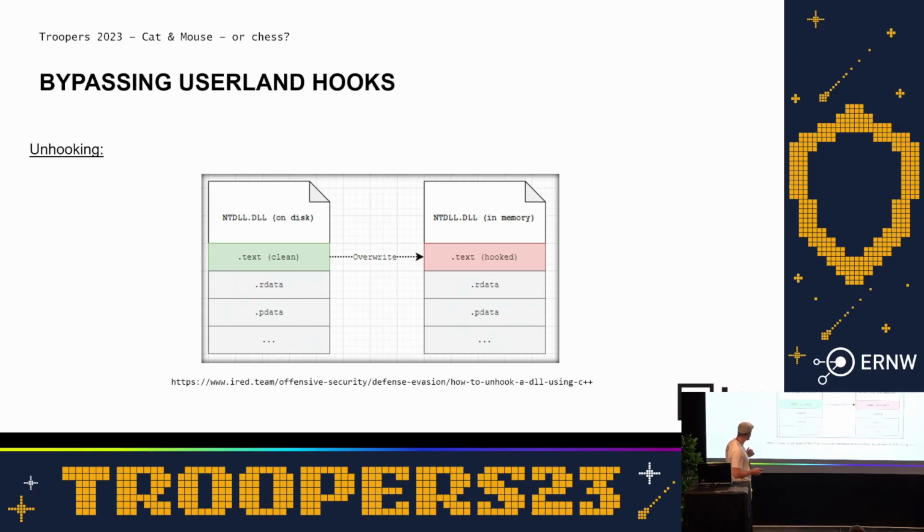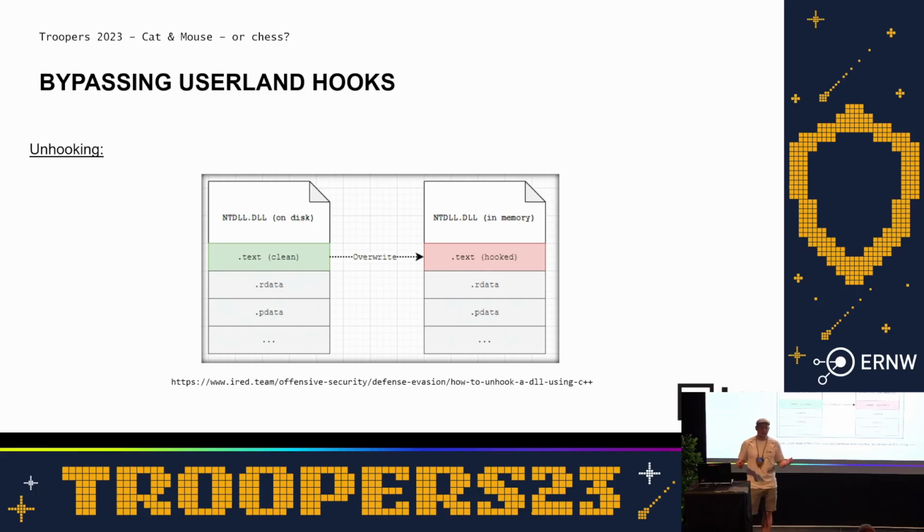So, unhooking first. As I said, the memory is patched by the EDR, so the EDR places its own code into the memory. But if we as attackers just take the code from NTDLL from disk, which is not patched because they typically don't manipulate NTDLL on disk, then we can grab the code which has no hooks, and we can again override the hooks in memory, which are typically placed in the text section.